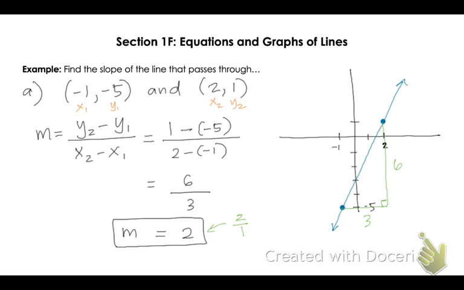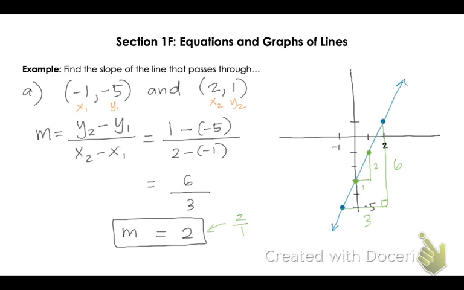You can kind of see, it looks like it crosses the y-axis here at -3, and it also looks like it goes through 1, -1. That same ratio is going to work for any 2 points on this line. Here it's not 6 over 3. This is a rise of 2 and a run of 1.